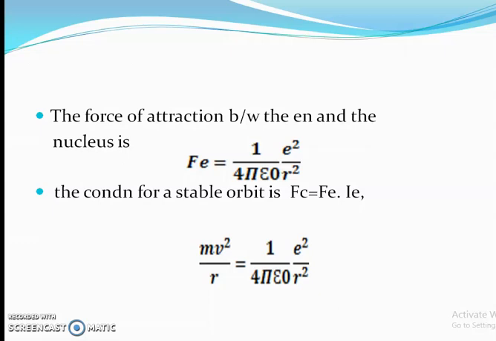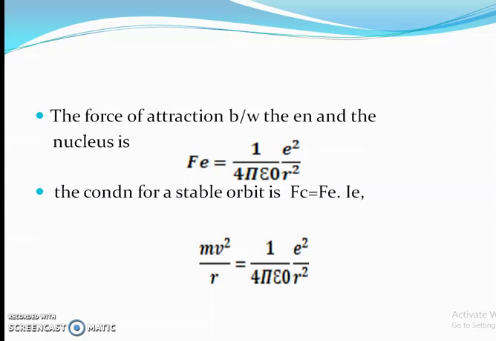The centripetal force equation I have already given, Fc = mv^2/r, and now the attraction between electron and proton. Here it is the simplest hydrogen, there is only one electron and one proton. So we can use Coulomb's law to get the magnitude of the electrostatic force of attraction.